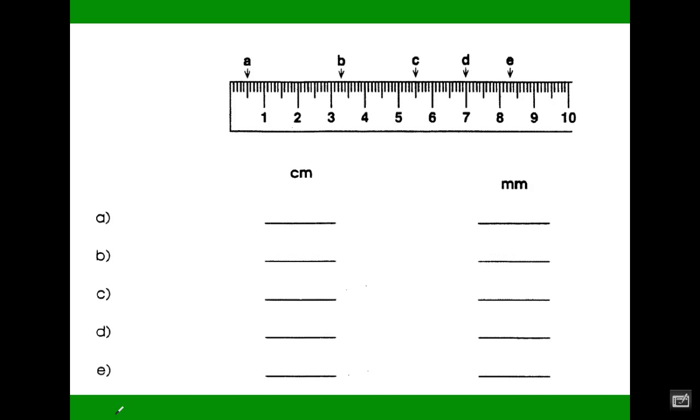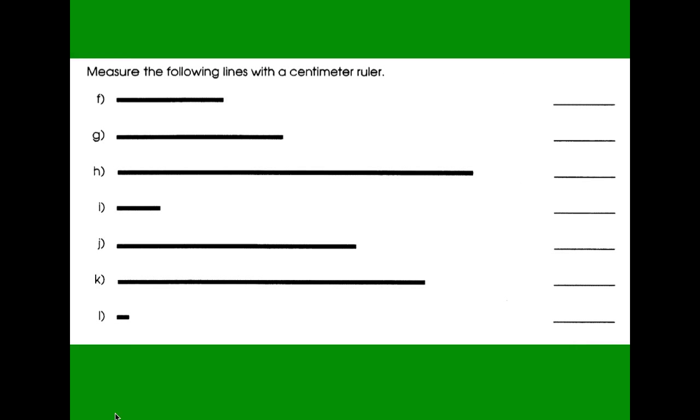Now, let's jump down to the bottom of this page with the lines. This is actually probably more along the lines of what we will be doing in this class. So what you want to do is take your ruler and go ahead and measure letter F. When you record your measurement for letter F, you want to record it in centimeters.